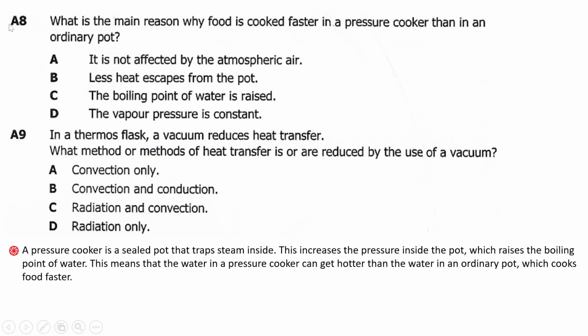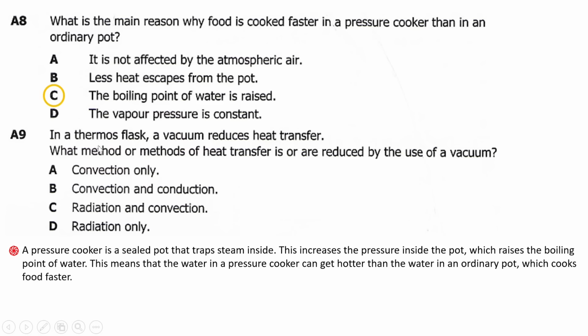So when they ask the main reason why food is cooked faster in a pressure cooker, the answer is C: it raises the boiling point of water.